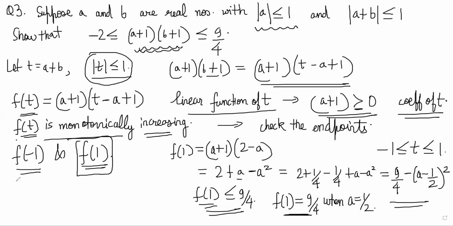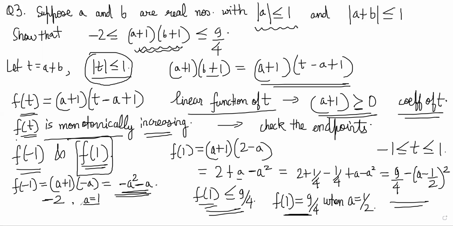Now for f of minus 1, what is f of minus 1? F of minus 1 comes out to be a plus 1 into minus a, which is basically minus a square minus a. And the lowest possible value of this will be minus 2 when a is equal to 1. That is obvious, you can just look at it because a goes from minus 1 to 1.